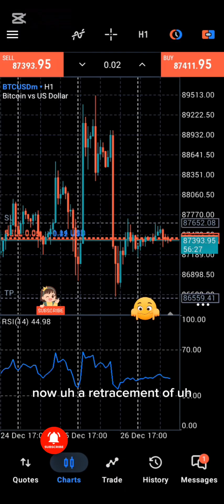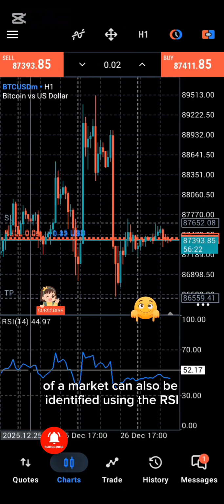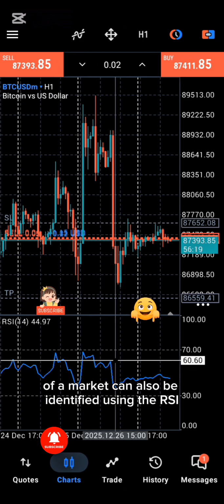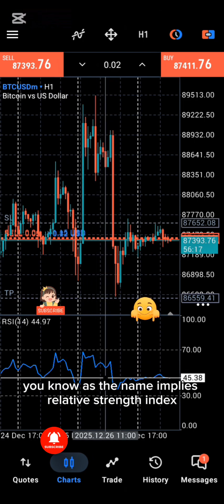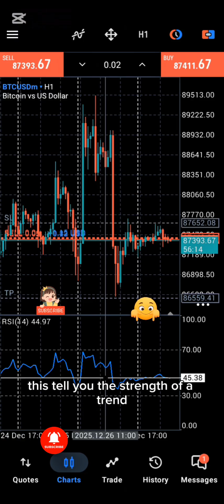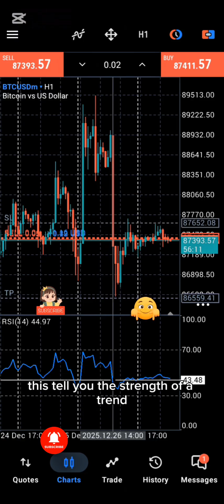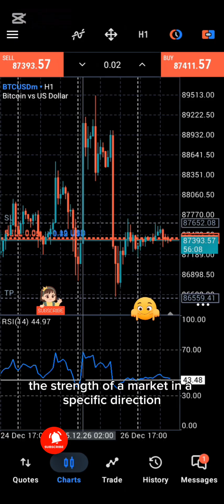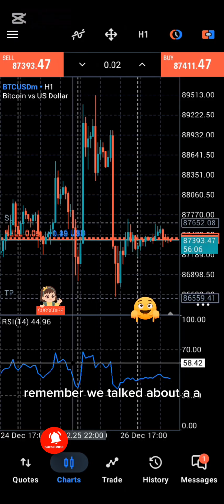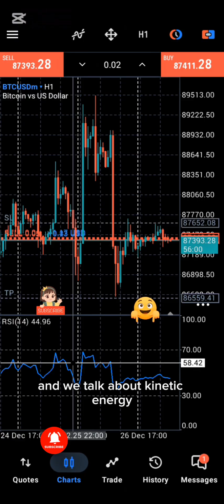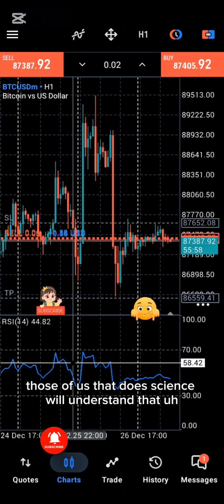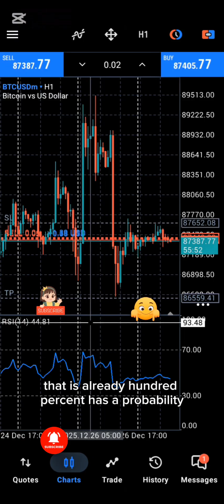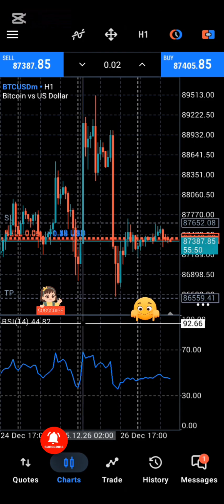Now, a retracement of a market can also be identified using the RSI. As the name implies, relative strength index tells you the strength of a trend, the strength of a market in a specific direction. Remember, we talked about an oscillator, which is also a momentum, and we talked about kinetic energy. Those of us that do science will understand that an energy that is already at 100% has a probability of dropping down.